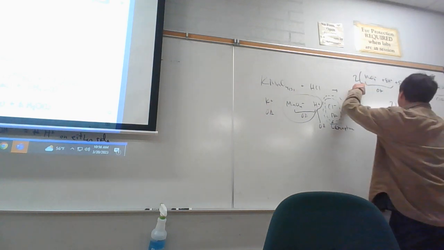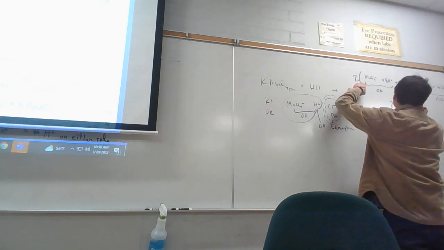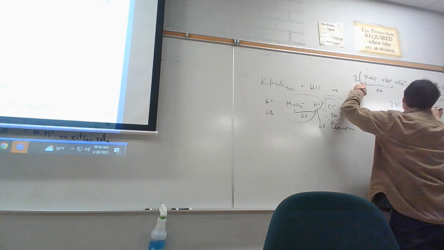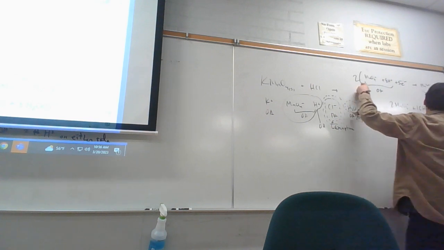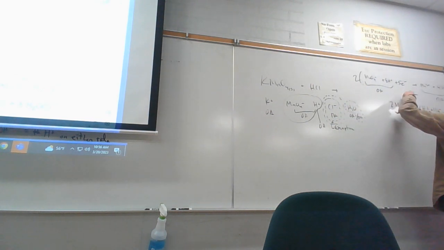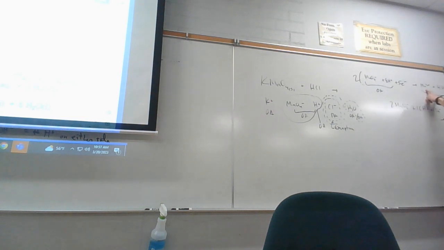And so the reaction should be 2 permanganates plus 16 H plus 10 electrons plus 10 chlorides is going to produce 2 Mn2 plus 8 H2O, sorry, not H plus, 5 chlorine plus 10 electrons.